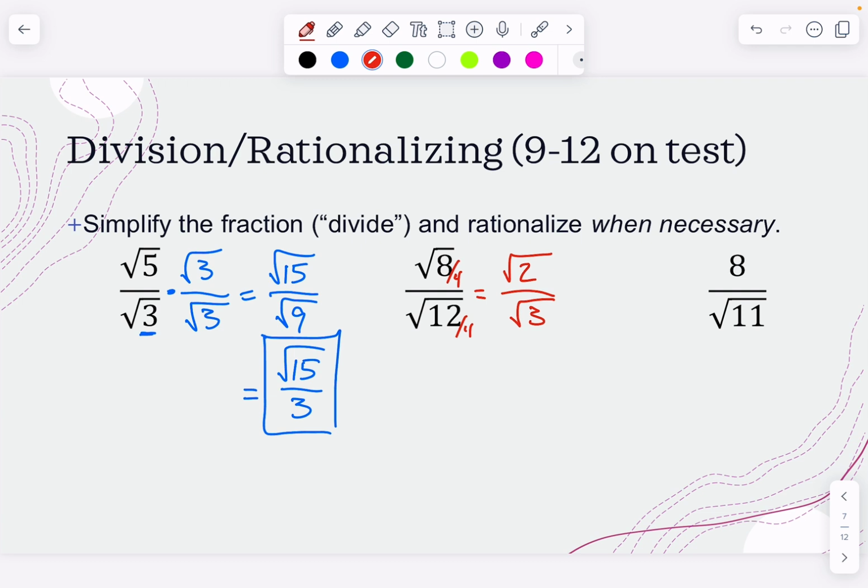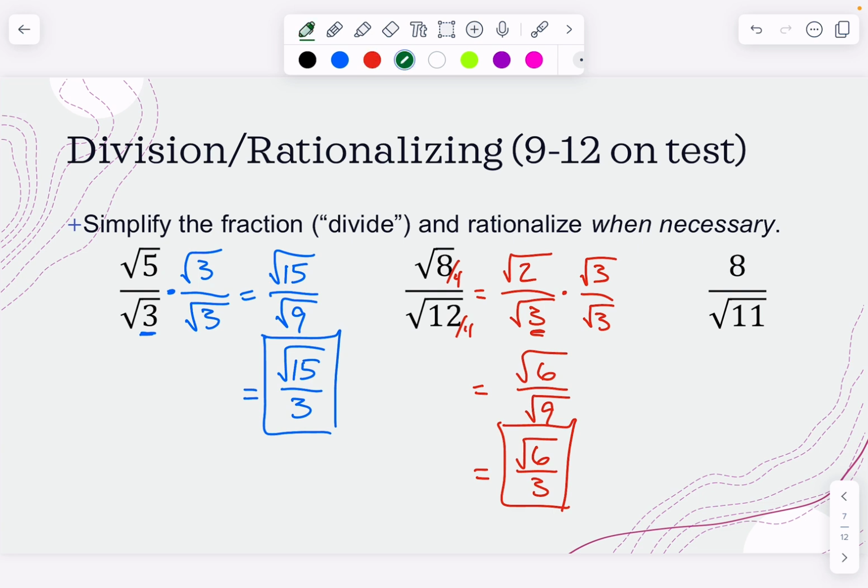So now my fancy form of 1, again from the denominator value, is square root of 3 over square root of 3. This is going to give me square root of 6 over square root of 9, and just like on the last one, that square root of 9 is going to end up being a whole number 3. The square root of 6 stays the same because I cannot simplify anything out of 6.